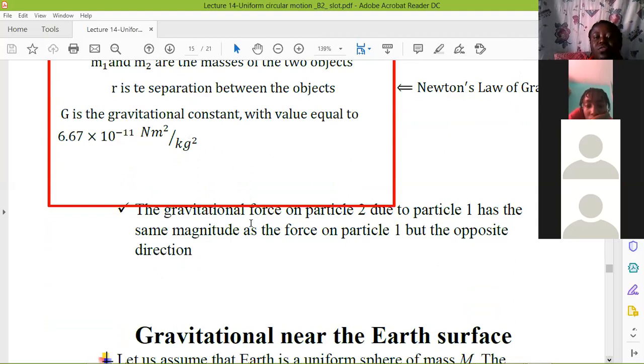So the gravitational force of particle 1 on particle 2, and of particle 2 on particle 1, has the same magnitude.